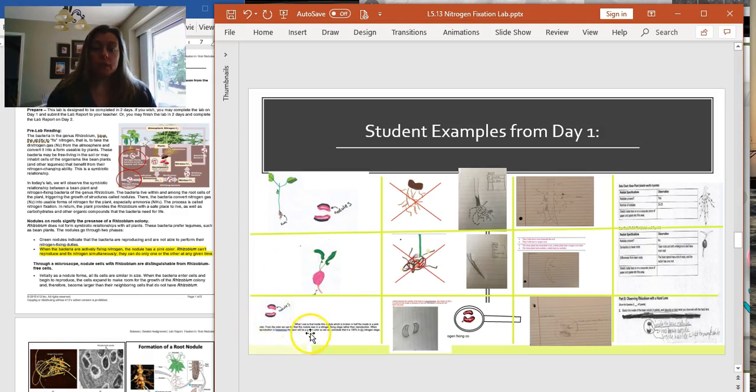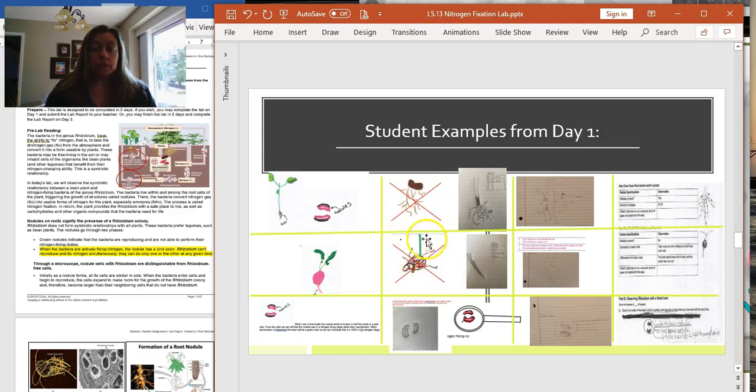That's fine. What I like about this also is, if you see here, there's words. So there's no real description. I should say labels, but there's a good description of what's going on. If you compare these two to another student who also used a paint program, I'm hoping that you can see the difference. First of all, this is not a radish plant.